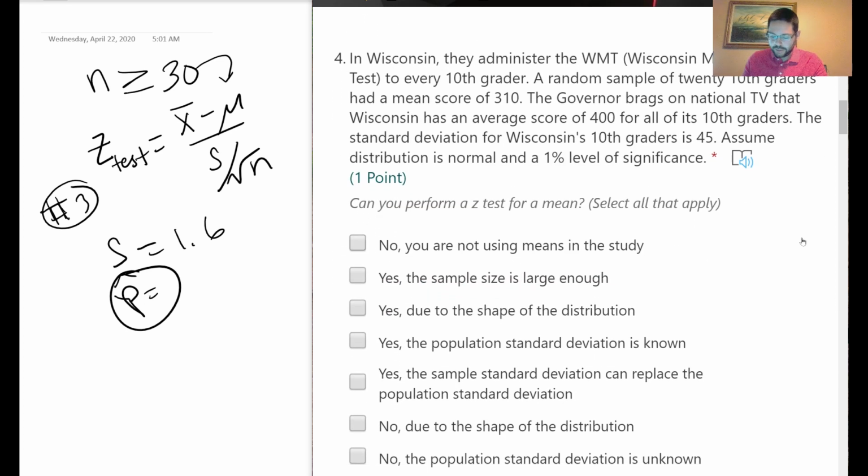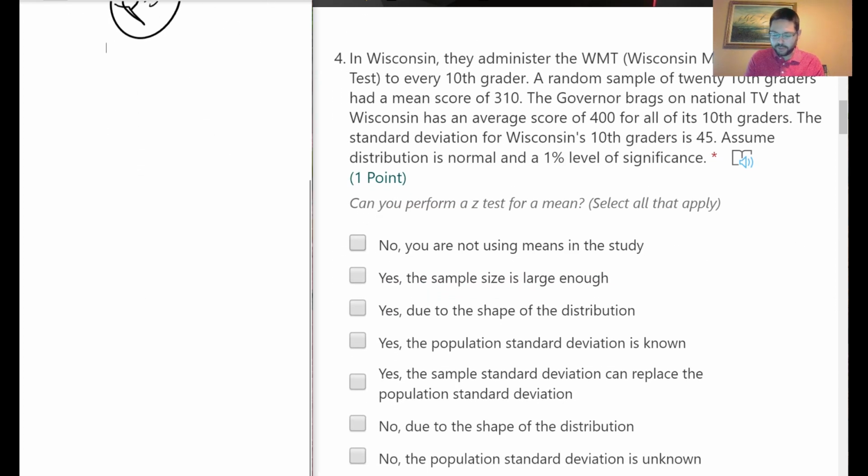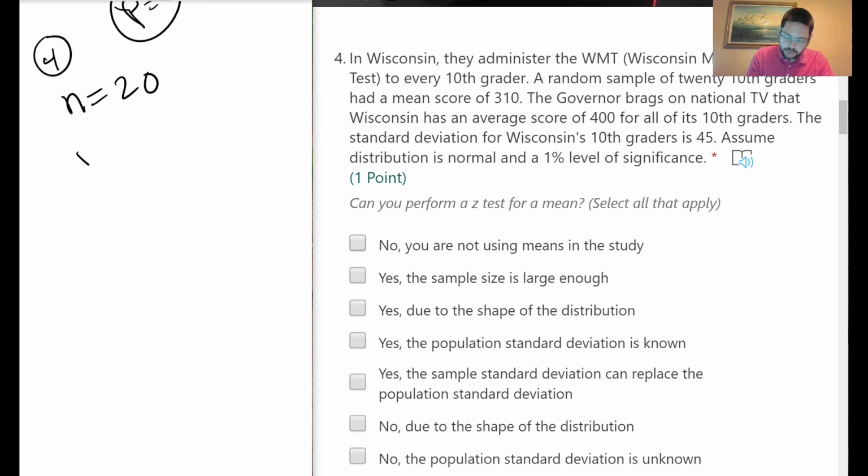So in Wisconsin, they administered the WMT to every 10th grader. Random sample of 20 10th graders, so my n is equal to 20 here for number 4. Had a mean score of 310. So from that sample, that's my sample mean. The governor brags on national TV that Wisconsin has an average of 400 for all of its 10th graders. So this is your claim. The claim is that the population average is equal to 400.